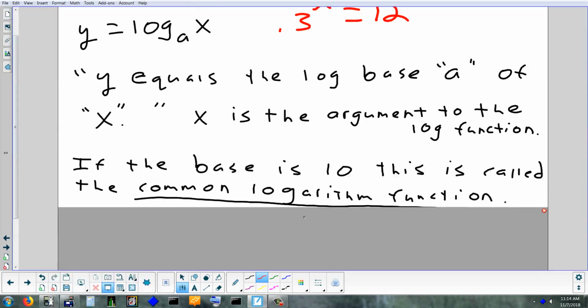If the base is 10, if you write a base 10, that log has a special name. That's called a common logarithm, usually abbreviated common log. It's the log we always assume if they don't tell me a base.